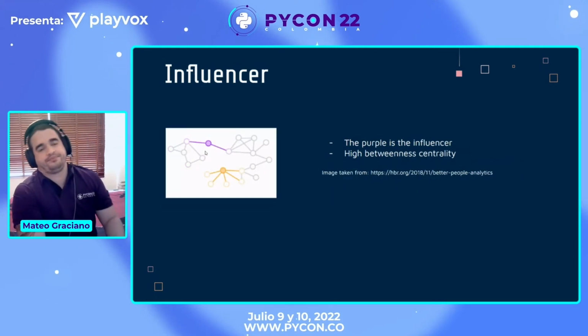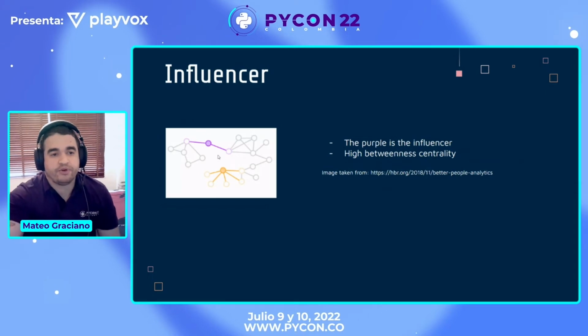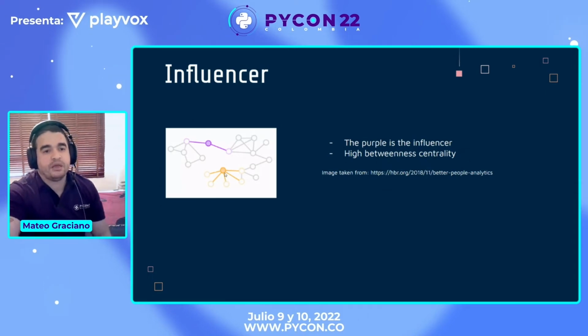Influencers. You will see the influencer of your company with this comparison. This person has more friends, but he doesn't have a big influence in your company because his range is just these friends.